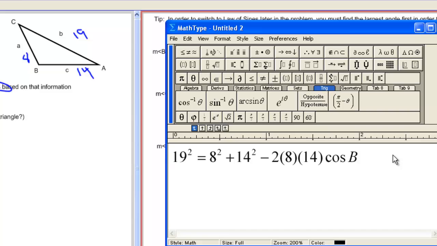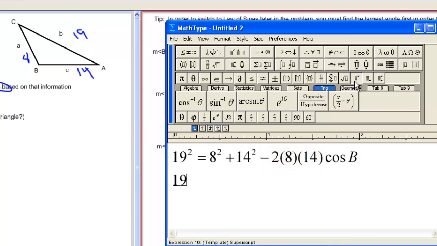Now, you are more than welcome to type 19 squared in your calculator and simplify 8 squared and do all of that. But here's the one thing that I really want to stress. The 8 squared and the 14 squared are being added together in relationship to the cosine of B. Cosine of B is what I want to get by itself. I am adding the 8 squared, I am adding the 14 squared, and I am multiplying the cosine B by negative 2 times 8 times 14.